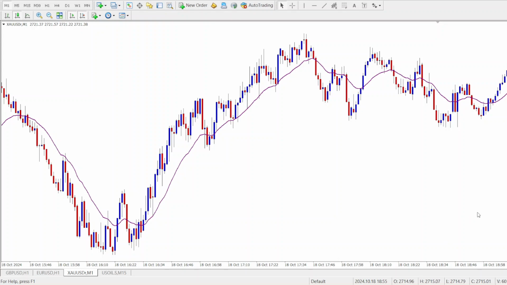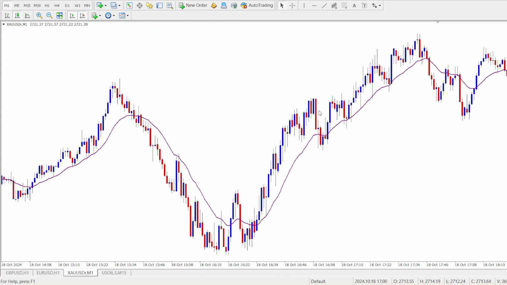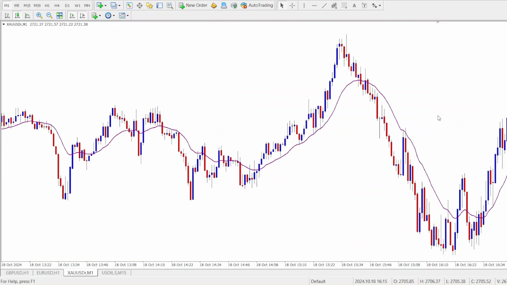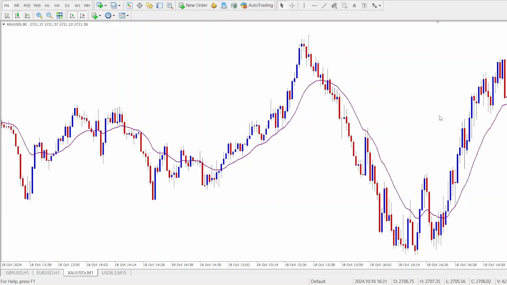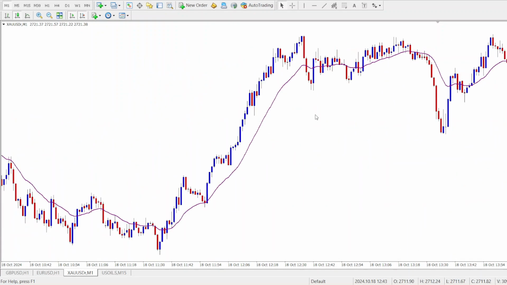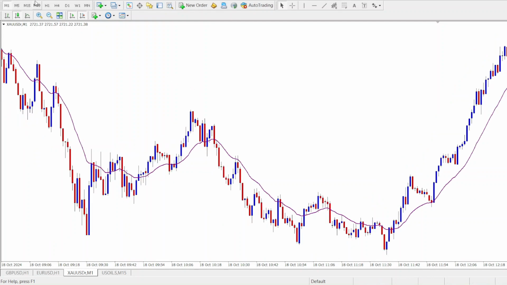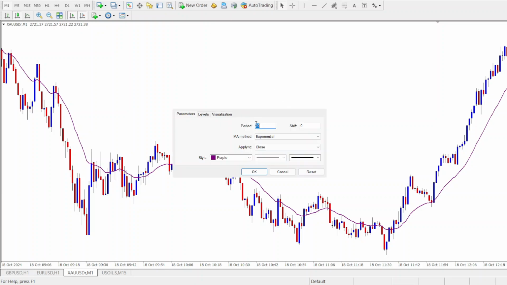Now, how do you interpret these signals? In an uptrend, like I already said, price will be trading above the moving average. In a downtrend, price will be trading below the moving average. You can also decide to use a crossover strategy for this time frame. The crossover strategy of the moving average is one of the common strategies usually used.